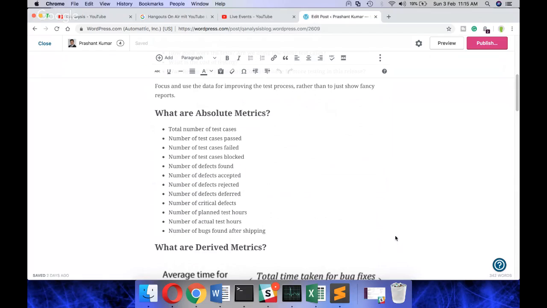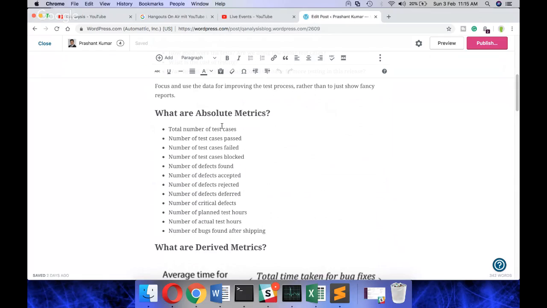Are there any issues which should have been caught as a part of the software testing process or QA cycle, but it couldn't be identified, and somebody else, maybe users or some other developers, is finding it while using the product in production. So these are examples of absolute metrics. These are exact numbers which are used for identification of the current state.